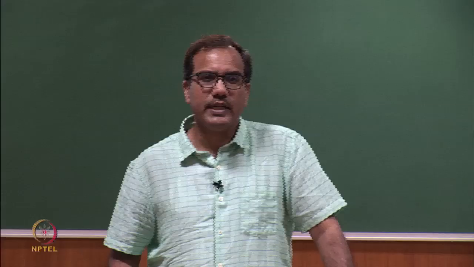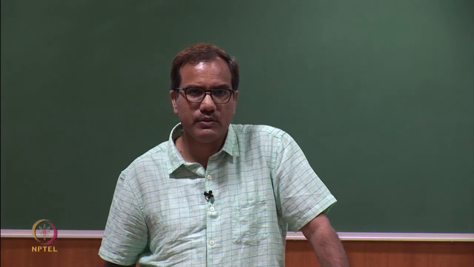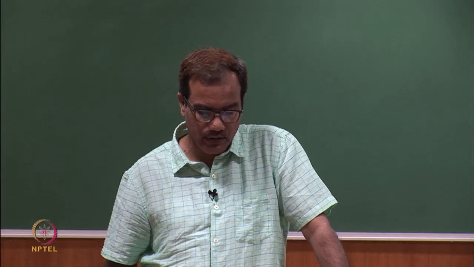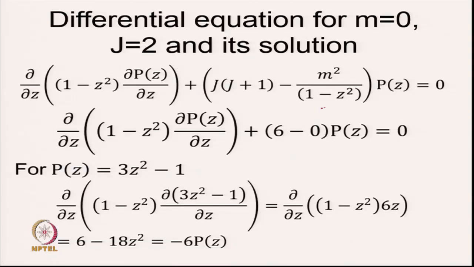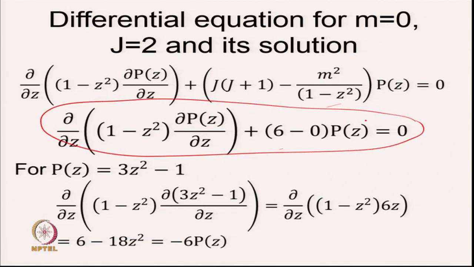Now, similarly, you can get the differential equation for m is equal to 0 and j is equal to 2. If you put it here, this is again 0 and 2 into 2 plus 1 is equal to 6. So, this differential equation is different from the earlier two, and the solution is certainly going to be different, and the solution is 3 z square minus 1.